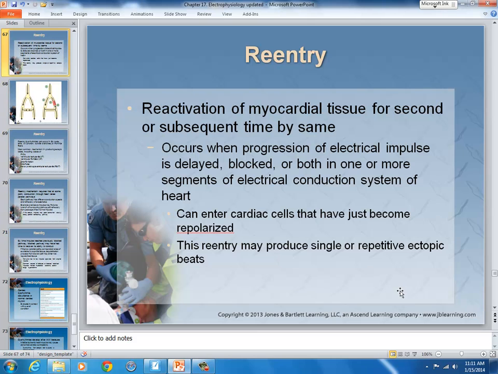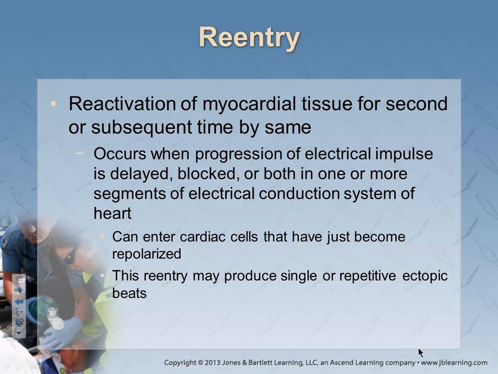All right, reentry. This is a term that you'll need to know. And so, reentry is the reactivation of myocardial tissue for a second or subsequent time by the same electrical stimulus.